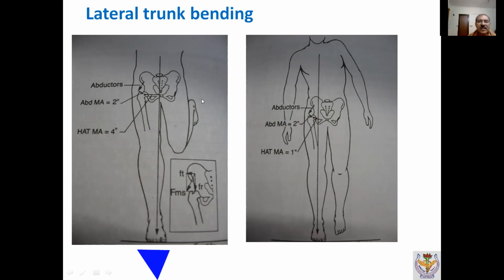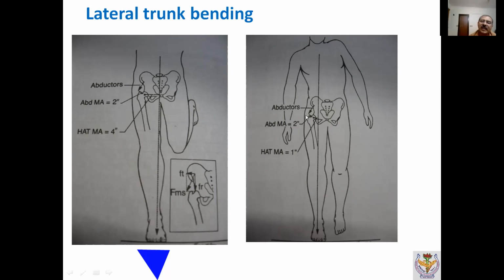The other thing is what's happening. When he's lurching on the side which is his weight bearing, if you see this diagram, the body weight lever arm is decreasing. So the product of the body weight and the body weight lever arm is less now. So the abductor forces have to work much less.